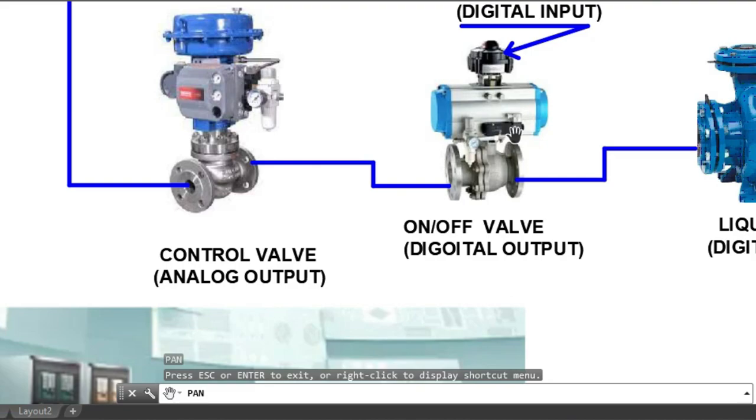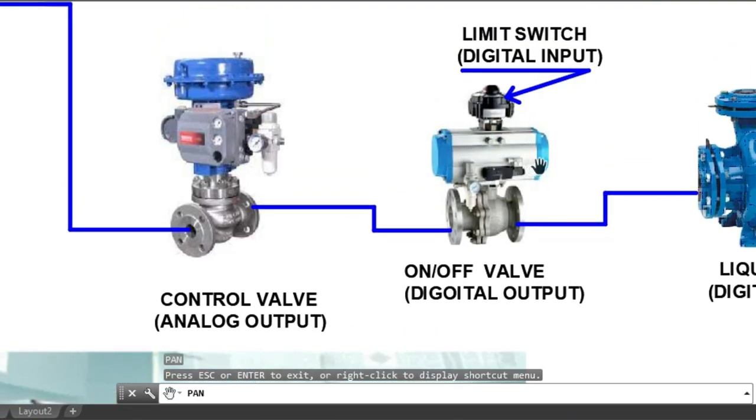That solenoid valve can be energized by 24 volts from the DCS, and on the top of this on and off valve there is a limit switch. The limit switch will indicate to the DCS the position of the valve.